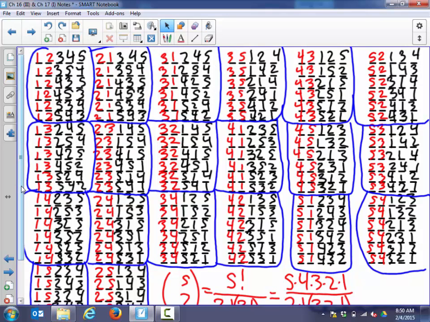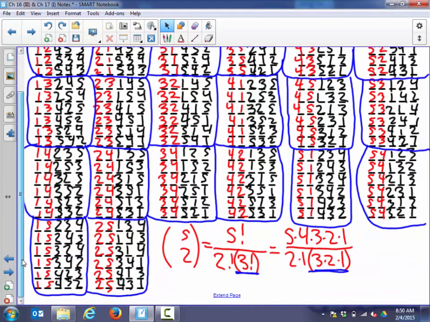So go through the whole page if you want. I don't recommend it. And you're going to see that all 120 ways that you could rearrange 5 objects are listed. So that is your 5 times 4 times 3 times 2 times 1, which is also represented here as just 5 factorial.